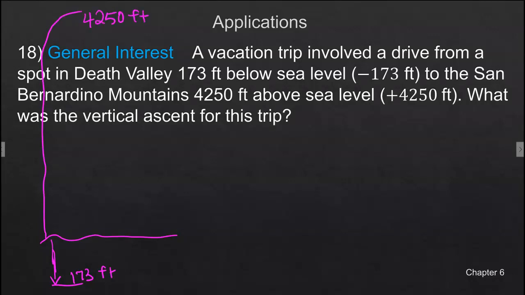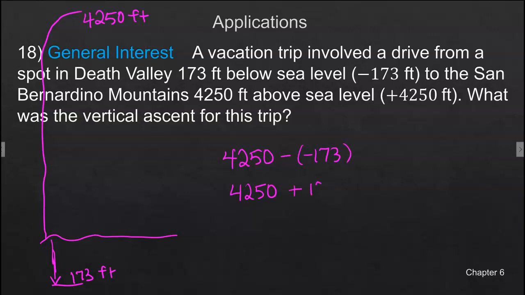4,250 feet. So it turns out that you're just finding the difference between these two numbers from the top to the bottom. If I write it this way, 4,250 minus negative 173, because it's below sea level, so it's a negative number, we end up adding them.